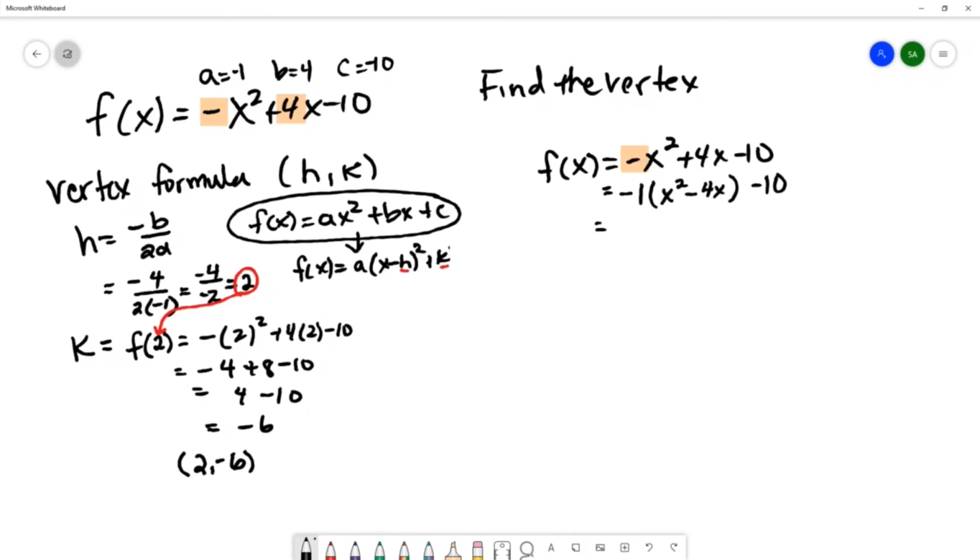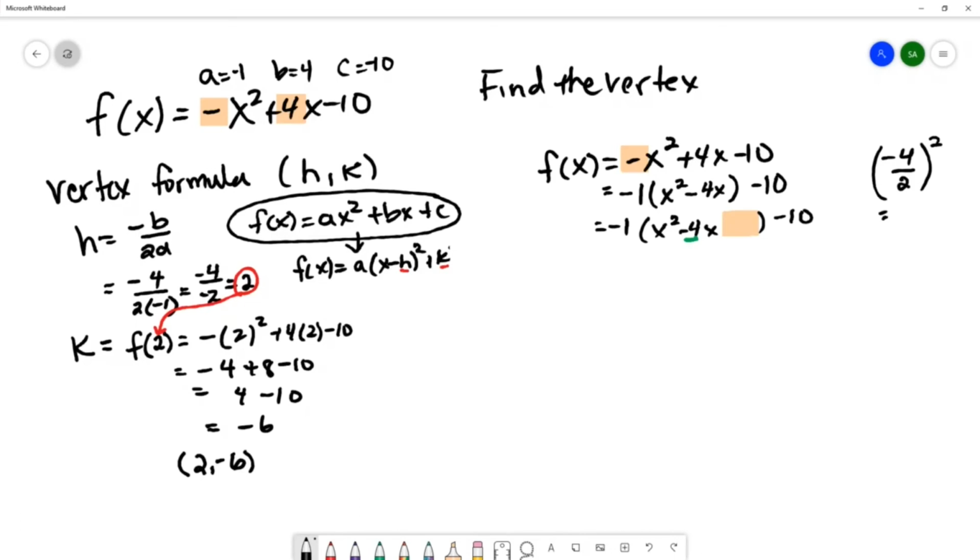Now I'm going to make a little bit of space inside the parentheses for the completing the square process, for what we call the magic number. So I'm leaving space right here. What I want to do is start with the number that is in front of the x, the coefficient of x, and divide that number by 2 and then square it.